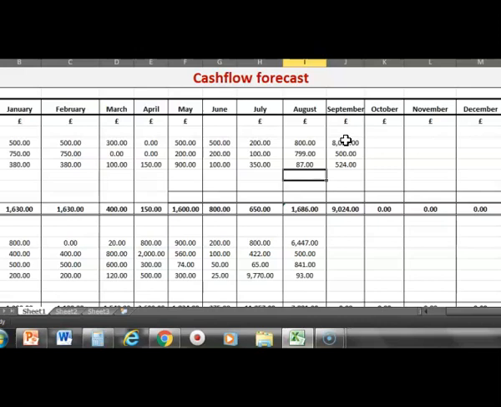Sorry, I shouldn't have anything there. Yeah. All right. So here for the outflows, they have 4,200, 300 there, and then 74. Yep.